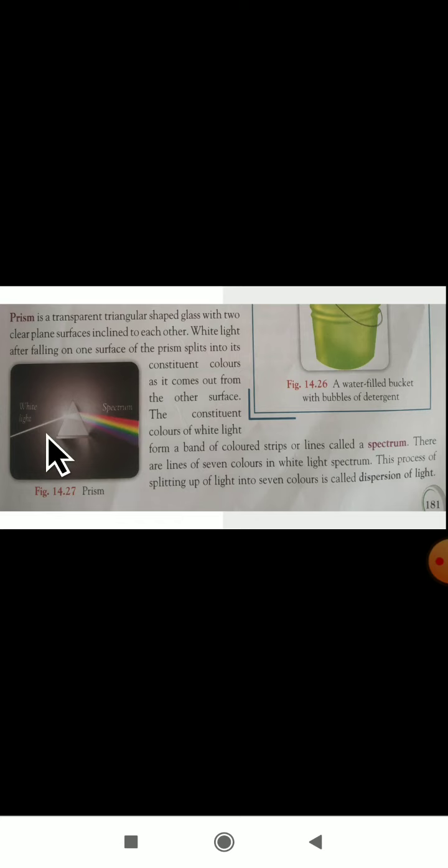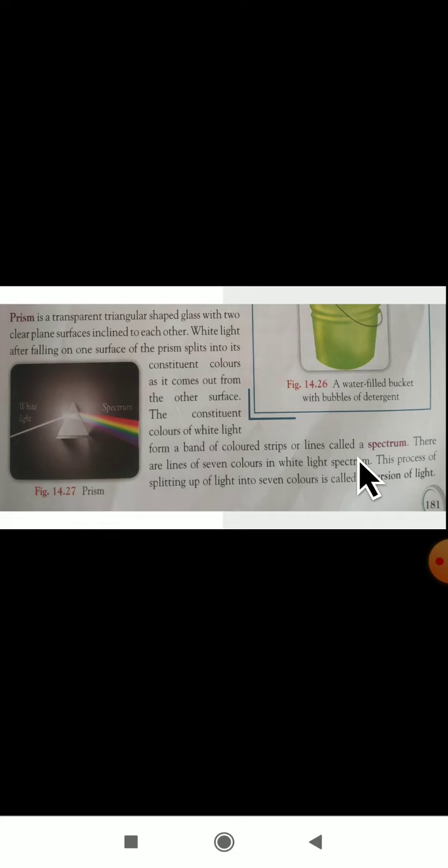Dear students, here you have to remember what a spectrum is. It is a very important definition. The constituent colors of white light form a band of colored stripes or lines called a spectrum. There are 7 colors in a white light spectrum.